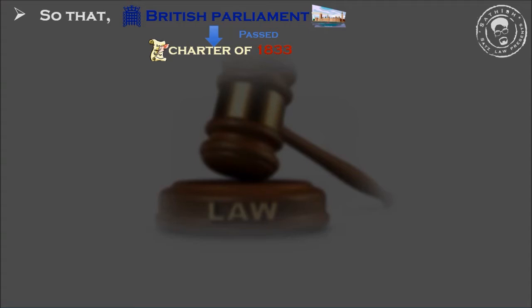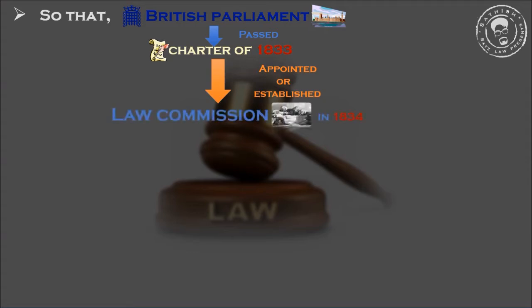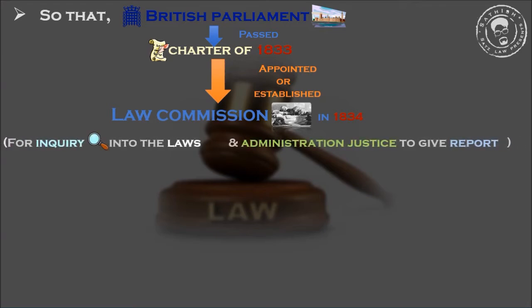That Charter ordered the appointment of a Law Commission. Based on the Charter, the first Law Commission was established in 1834 to inquire into the laws and administration of justice and to submit a report on that.